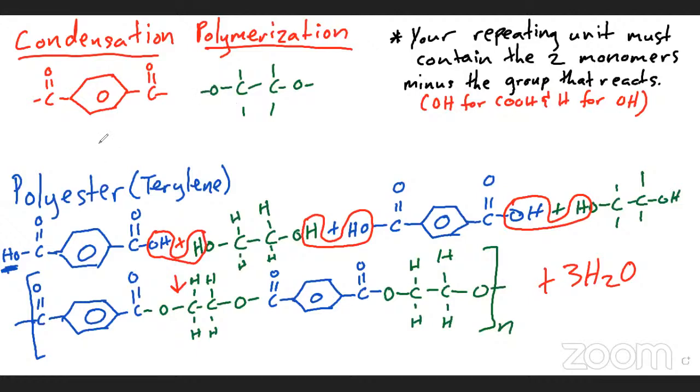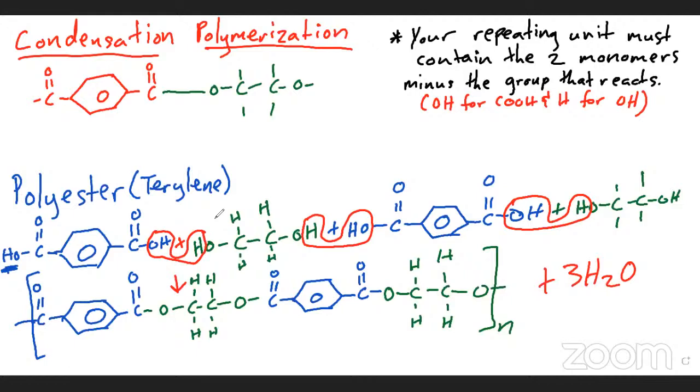So this is how it should look for the acid. This is how it should look for the alcohol. And remember now, the acid would have been connected to the alcohol. So this is the structure that I am looking for in my polymer.